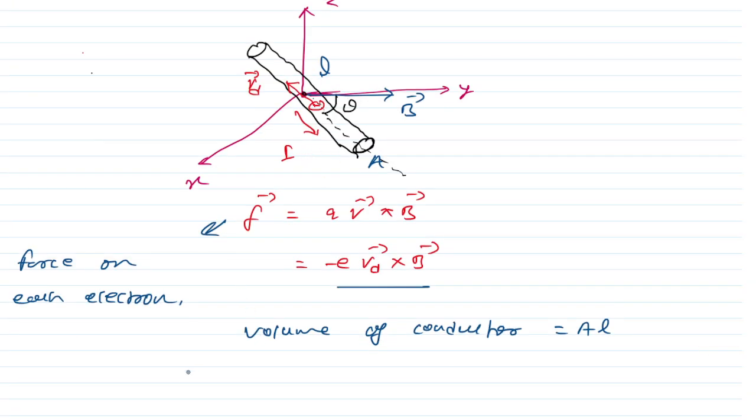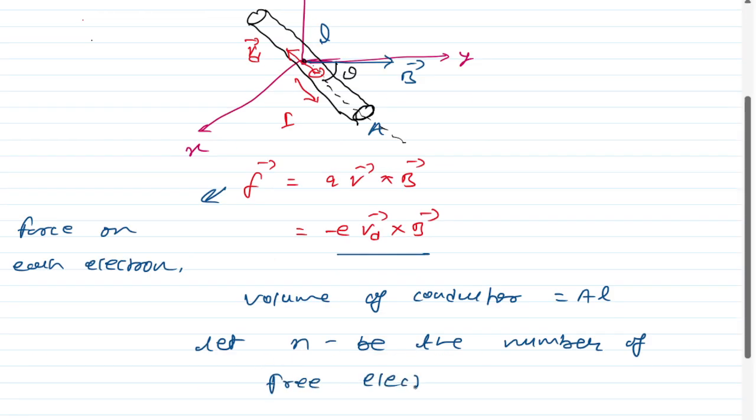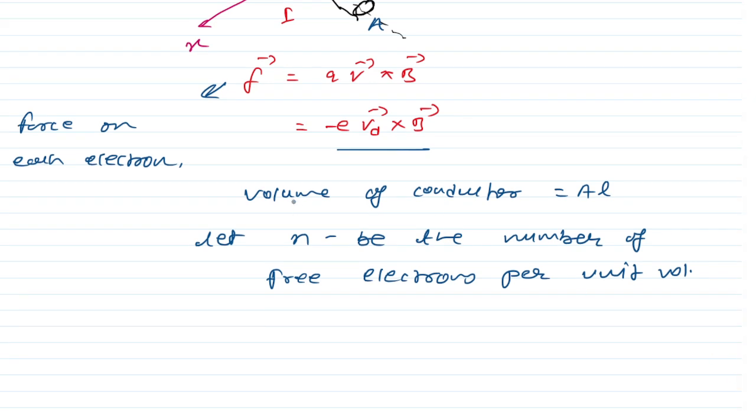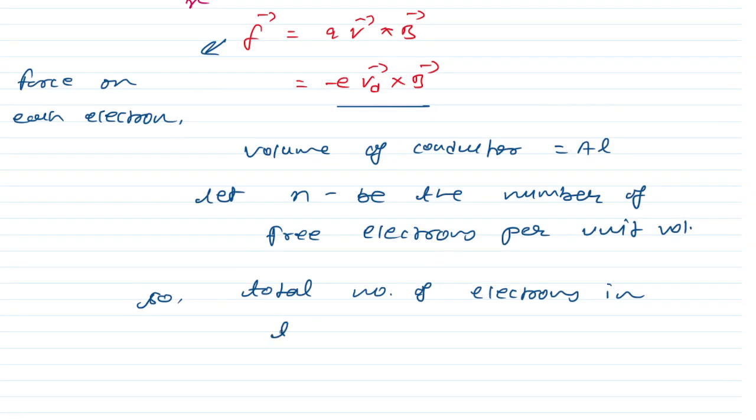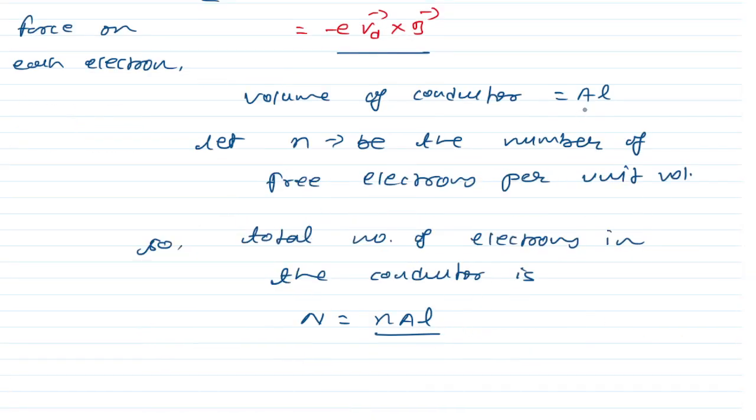And if we consider small n be the number of free electrons per unit volume, so total number of electrons in the conductor is, you see in unit volume small n number of electrons, so in V volume n into A into L, where AL is the volume of the conductor.